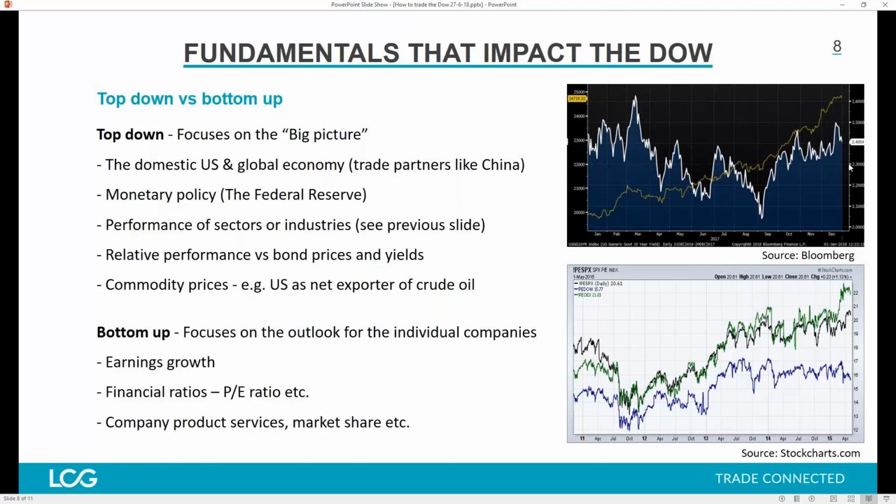You've got 30 shares in the Dow. If the index is moving higher, but if you look at the performance of the day, only 10 out of the 30 shares were rising, well, you've got 20 shares who are falling. There's only so long that can be sustained.